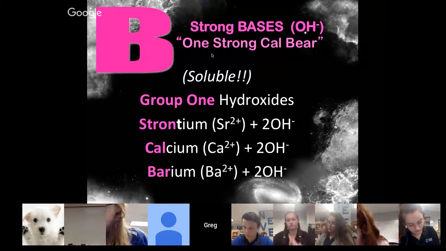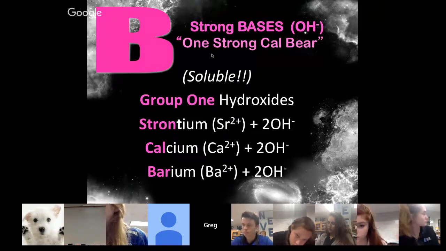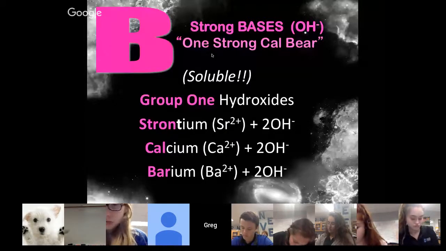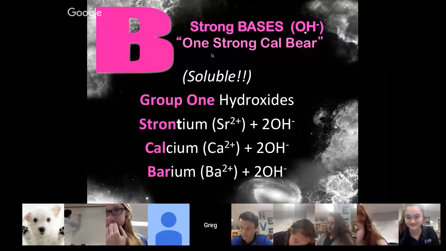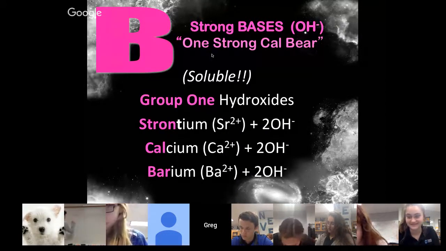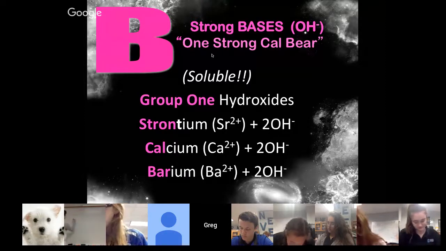Now, do me a favor on the other side of the box. Can you write NaOH and an arrow? And then can you write CaOH in parentheses 2 and an arrow?